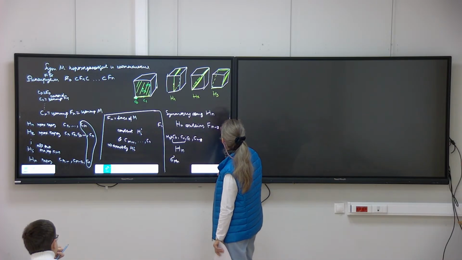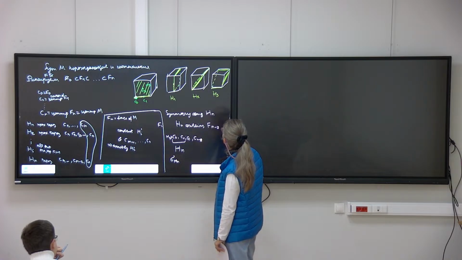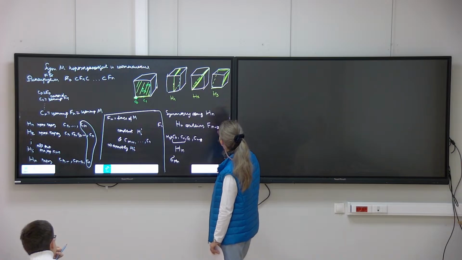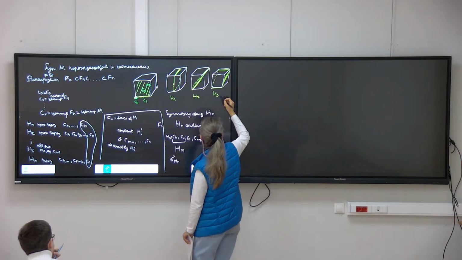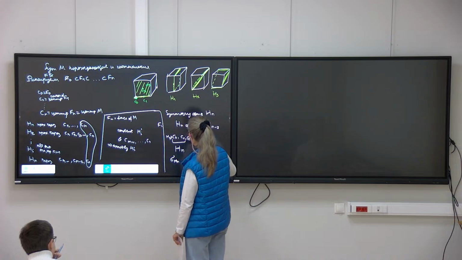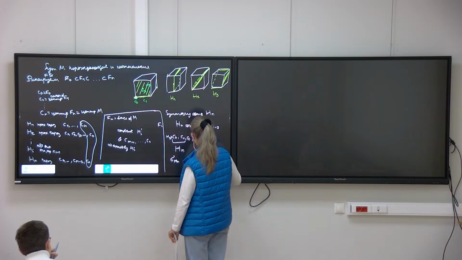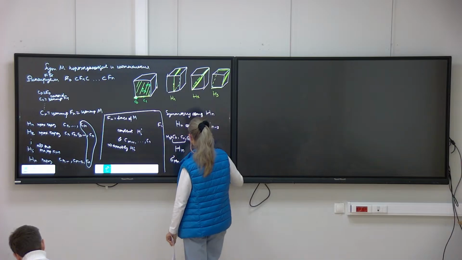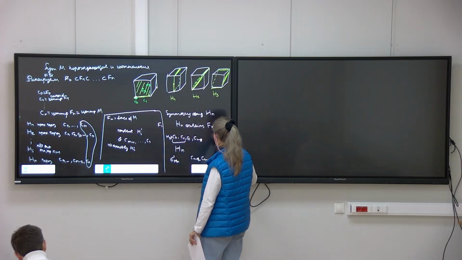What is orthogonal? There is C_{n-2}, C_{n-1}, which is orthogonal to C_{n-1}, Cn.